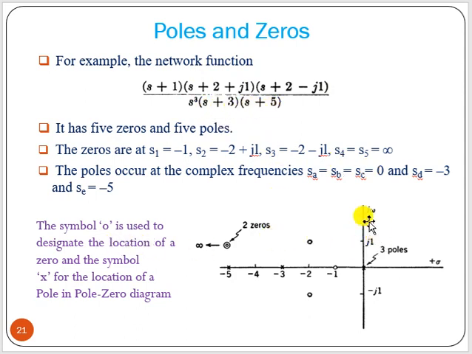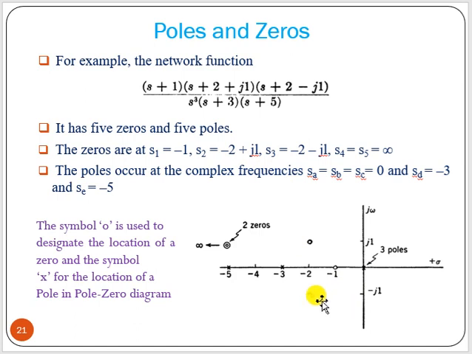So this is a pole-zero diagram in the s plane. This is your sigma, the x axis is the sigma, and the omega axis is the vertical one. So this is your real part, this is your imaginary part. Now a small circle is used to designate the location of a zero, and a cross is the symbol for the location of a pole. Now zeros are at minus 1, so you can see here, at minus 1 there is a zero, and two zeros are also there at minus 2 plus and minus j1.